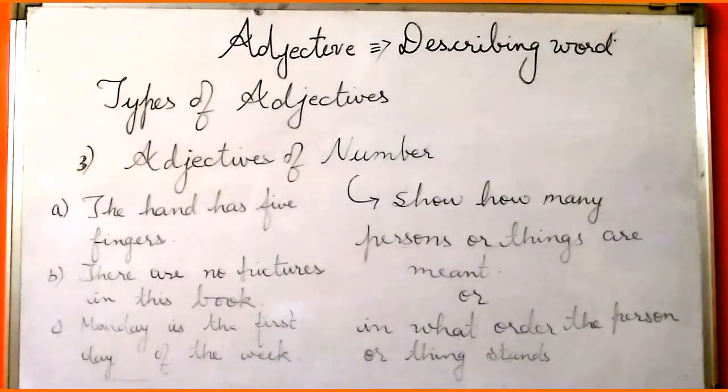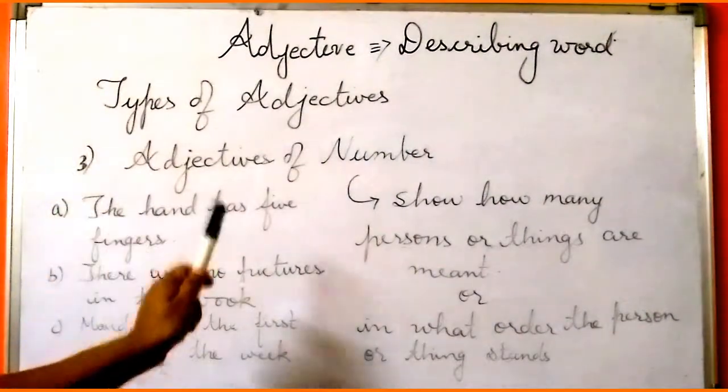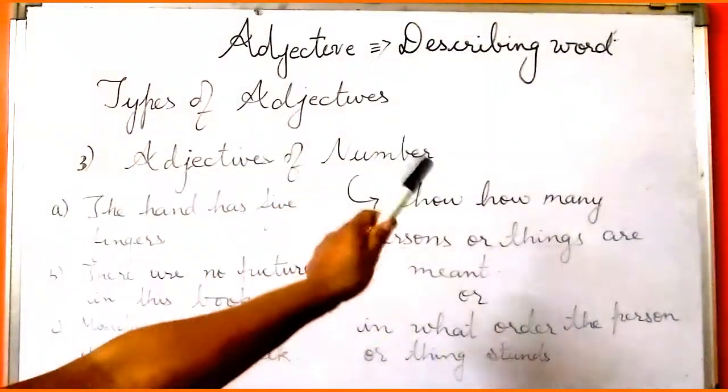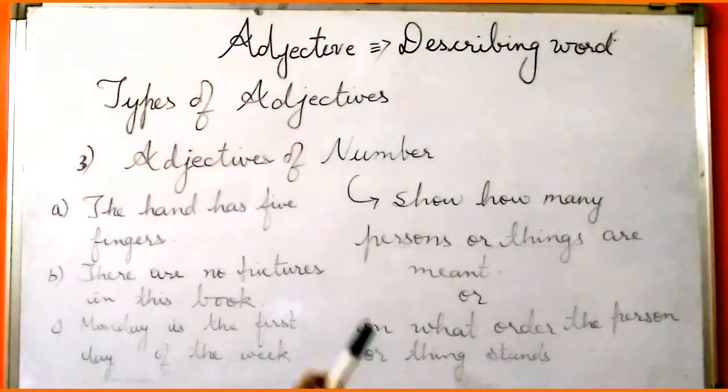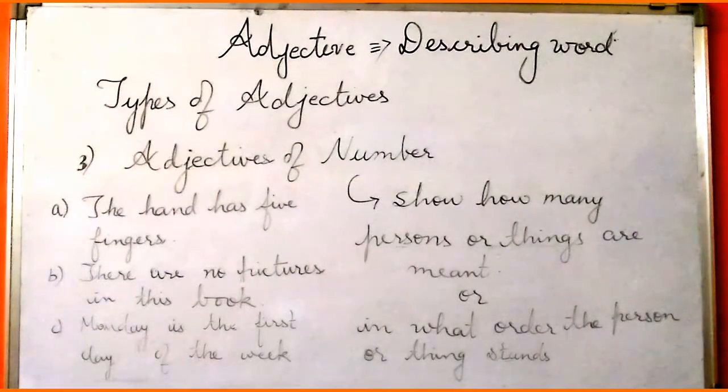Now what does this do? These are those words that show how many persons or things are meant, or it tells you in what order the person or the thing stands. So adjectives of number would be telling you exactly how many. Now remember, quantity was telling you how much, because there are certain nouns that you cannot count.